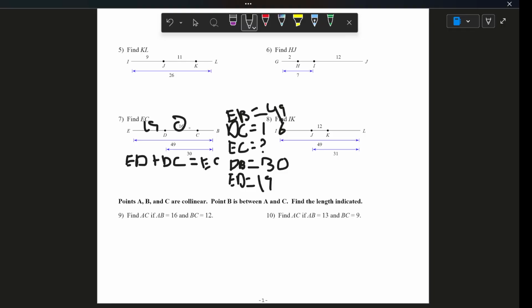We know this to be 16, and now we want the length of that here. Cool. So we do 19 plus 16 equals EC. So we do 35, because 19 plus 16 is 35, is equal to EC.